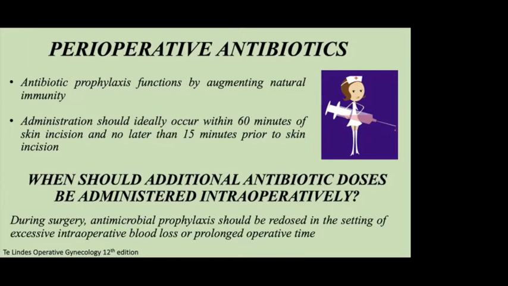Say, for example, cefazolin. It has a half-life of 1.8 hours. So, a second dose should be administered if the surgical time is approaching 4 hours. Also, surgical blood loss has been correlated with tissue cefazolin concentration. And so, when you have a blood loss greater than 1,500 ml, the tissue antibiotic concentration actually declines significantly.